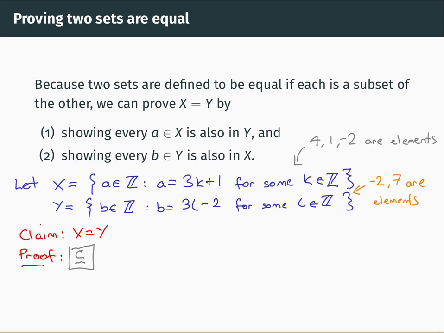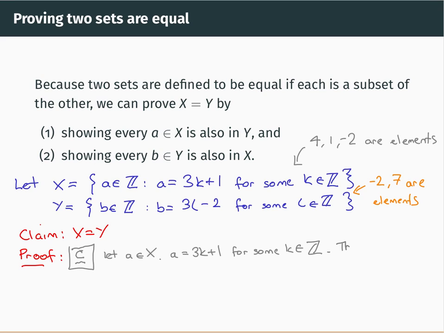So how are we going to do this? Well, let A be in X, and I have to prove that A is an element of Y. So by definition of being in X, A is equal to 3k plus 1 for some k in Z. And I want to show that this thing is in Y, so I must show that A can be written as an integer multiple of 3, minus 2.